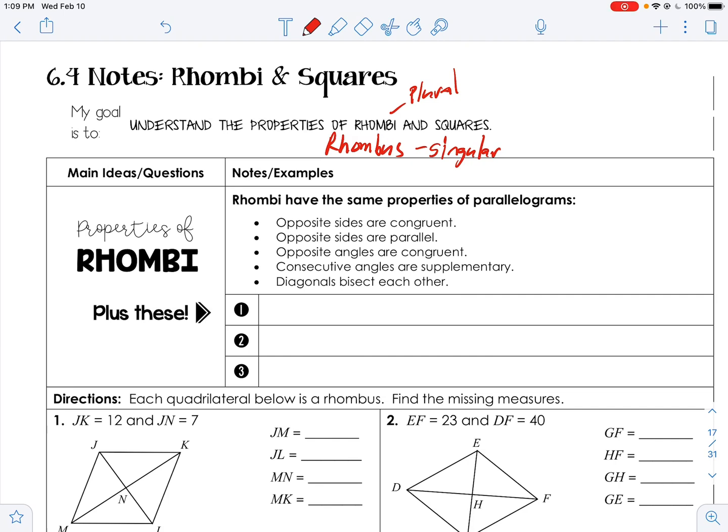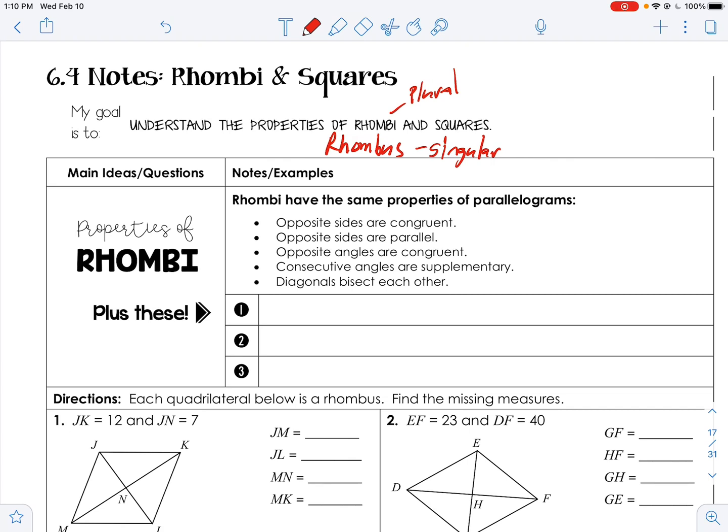Rhombi, or a rhombus, has the same properties as parallelograms. It's a parallelogram, just more specific. I would have done rhombus first, then rectangle, then square, probably.